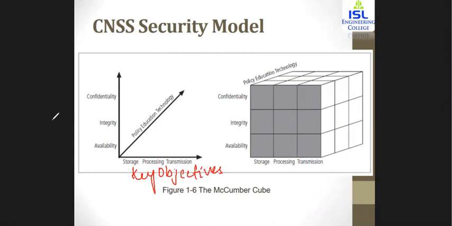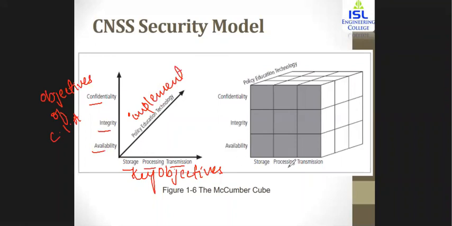Then on the y-axis, you're going to have the objectives of CIA: confidentiality, integrity, availability. The key objectives are storage, how you're going to store the data, how the data is being processed, and how you're transmitting the data. And the third dimension is the primary means, how you're going to implement policy, education, and technology.